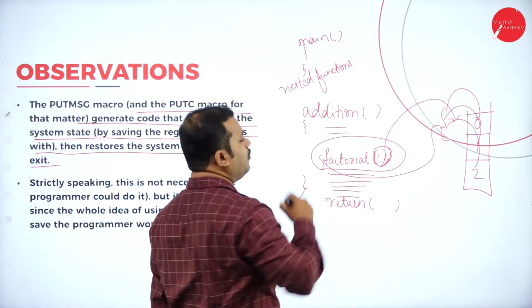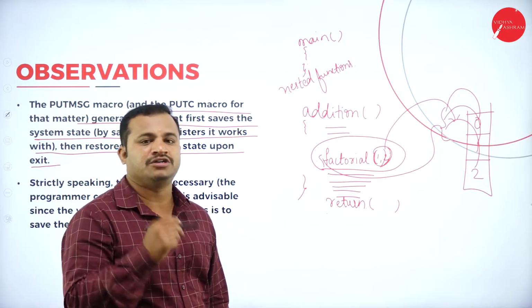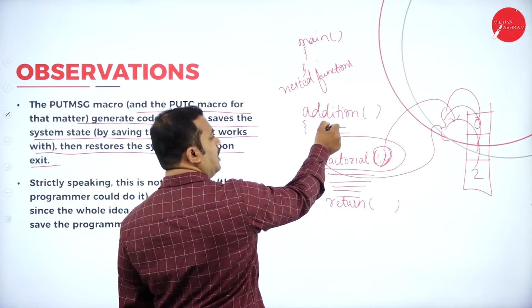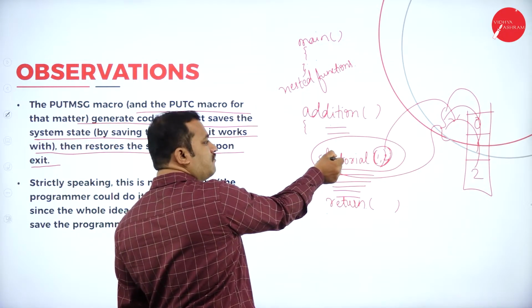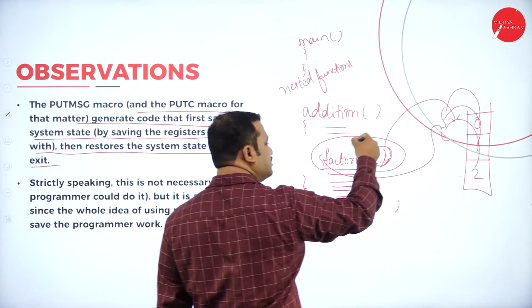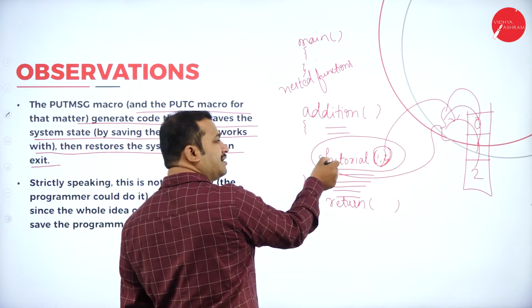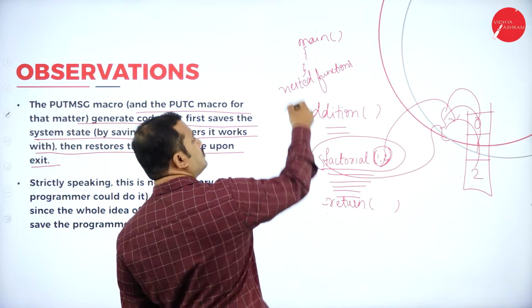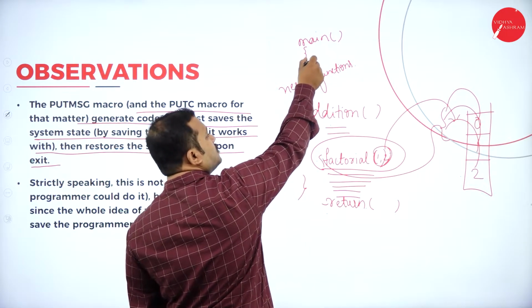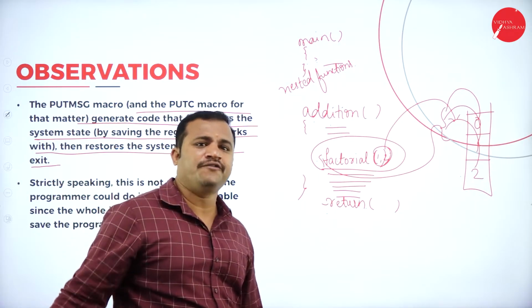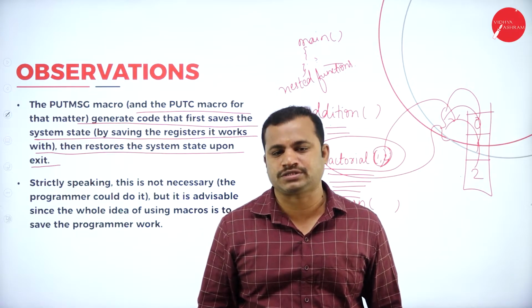We have one function called the main function. The main function is invoking the addition function, which in turn invokes the factorial function. So the factorial function is invoked and it returns a certain value. Once it returns, the return statement of addition is going to return to the main function. So the main function is going to execute or finalize the execution of all these function calls.